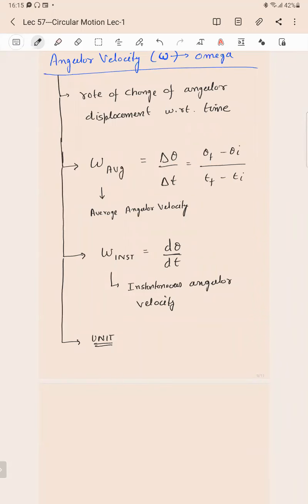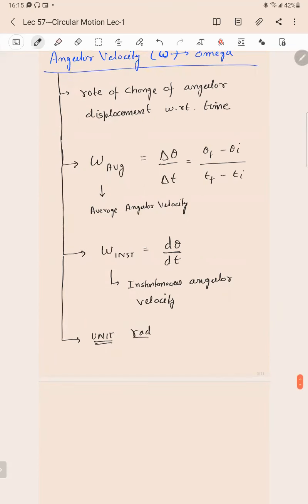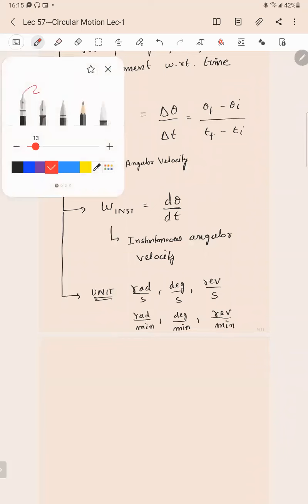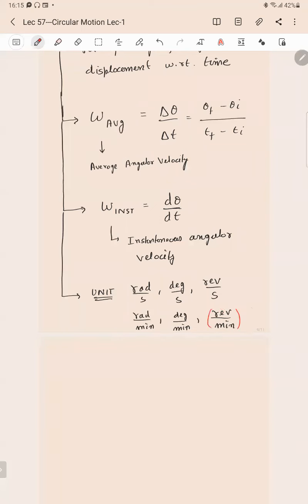So there can be several possible units, but what are the main units that are mainly used? Radian per second can be a unit, degree per second can be a unit, revolution per second can be a unit. Then you have radian per minute, degree per minute, and revolution per minute, which is usually called RPM. If you have heard of it, sometimes the mechanics talk about how much RPM this motor is.